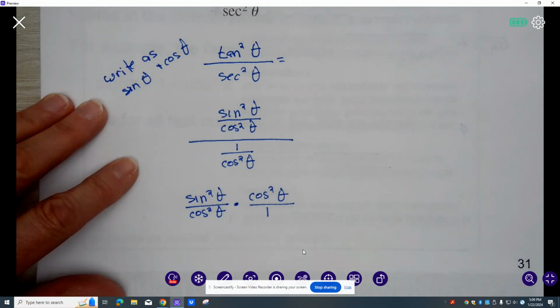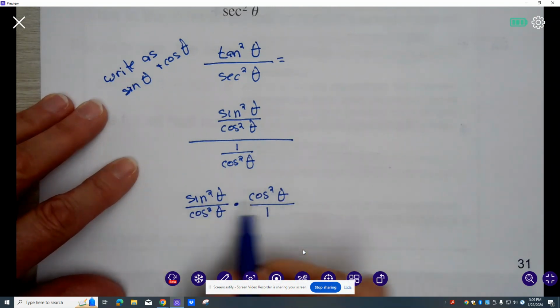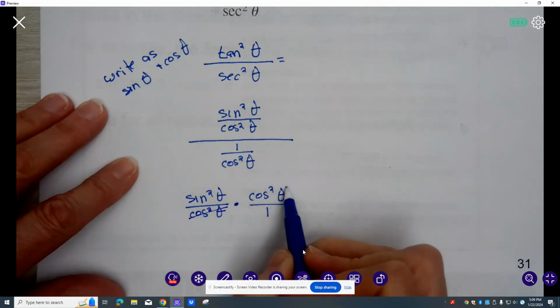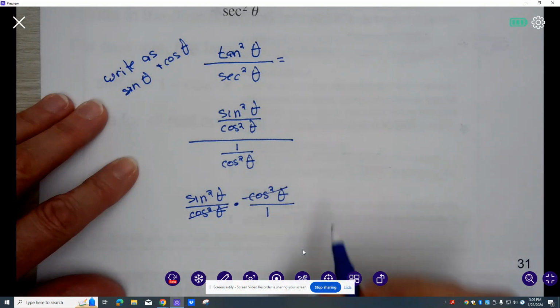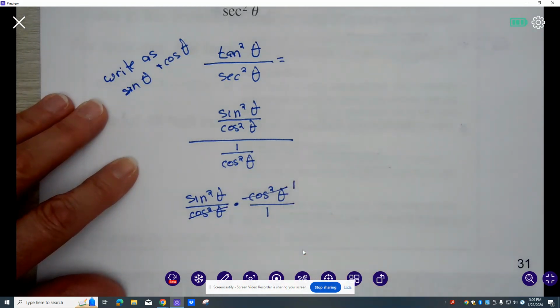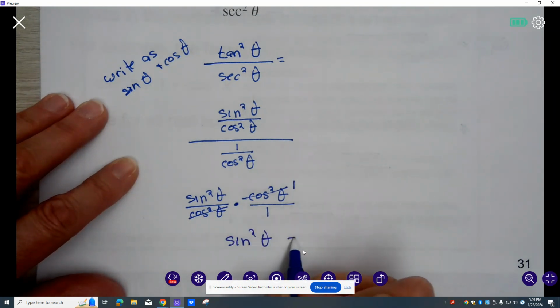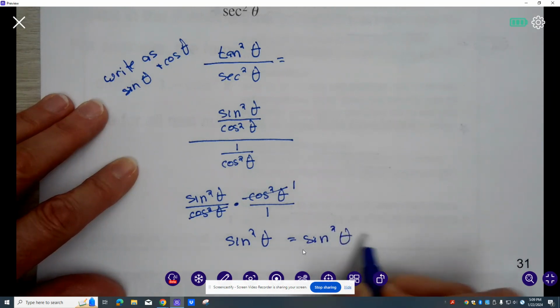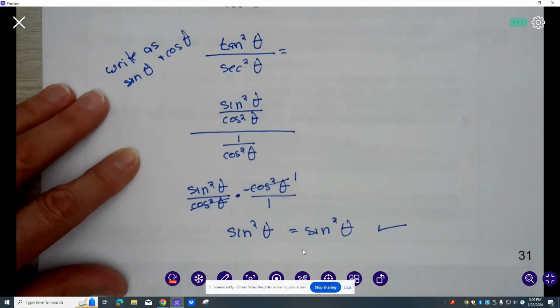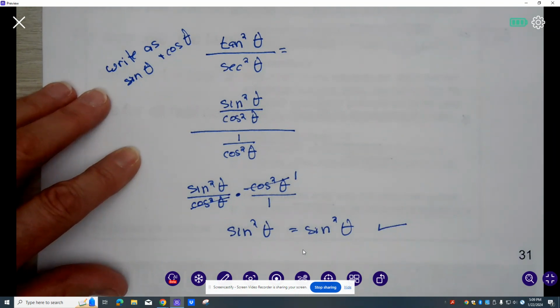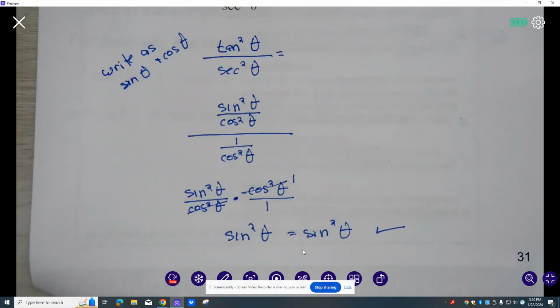Now if you think about this as one big fraction, I have a cosine squared on the top and a cosine squared on the bottom. Those divide to give me 1. So now I have sine squared of theta times 1, which is just sine squared of theta, which is what I set out to verify. So I am done.